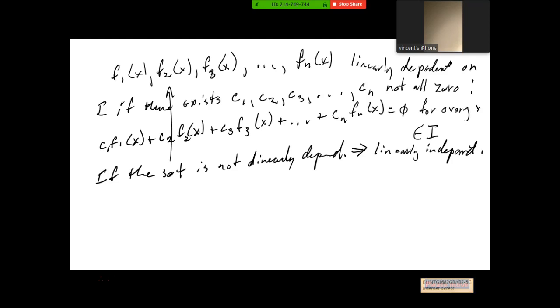Now, if you just have two functions, it's kind of easy to see this.